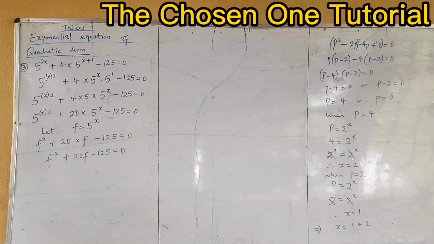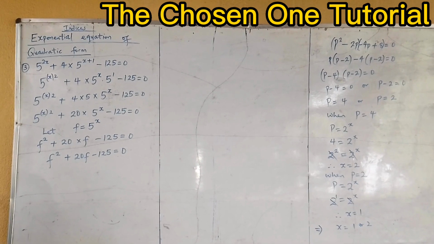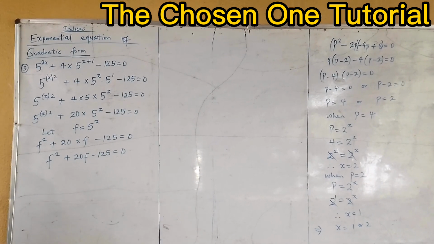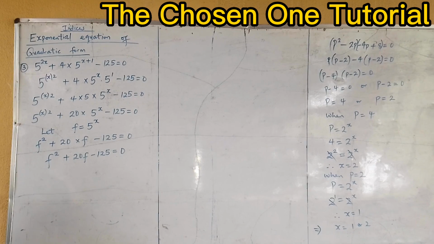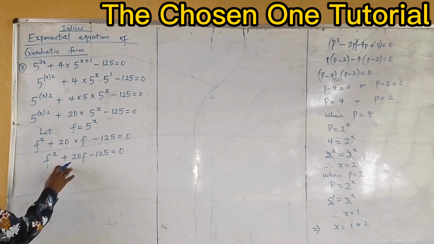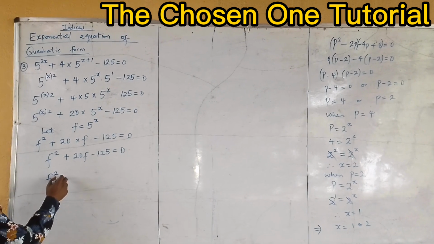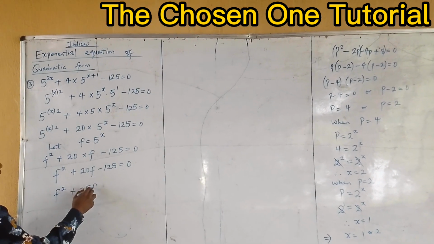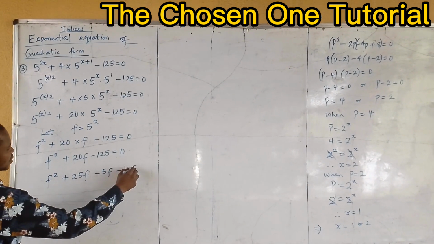And we solve this quadratic by finding the product f^2 times -125, then finding the two factors of 125, which will be 5 and 25. So we are going to have f^2 + 25f - 5f - 125 = 0.